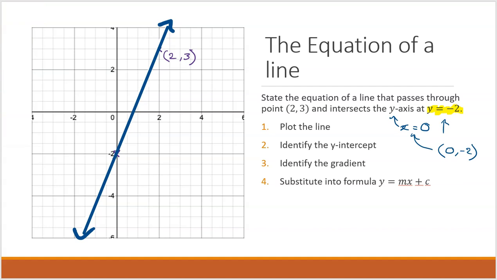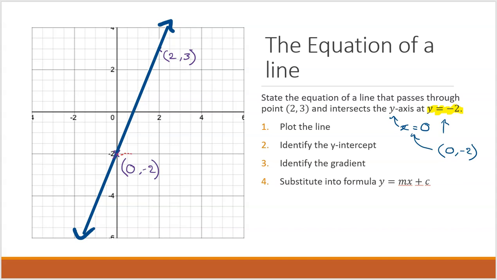Then reducing the thickness of the pen. So what we need to do is figure out what the gradient is here. Now remember, we've got the rise over the run, so I know this line passes through points (0, -2) and (2, 3). I'm going to count the steps between these two points.